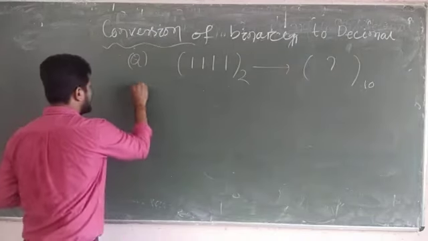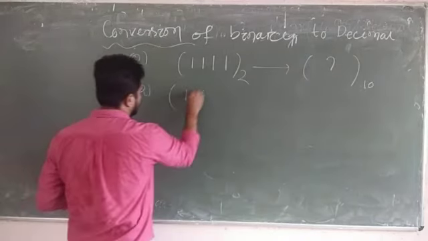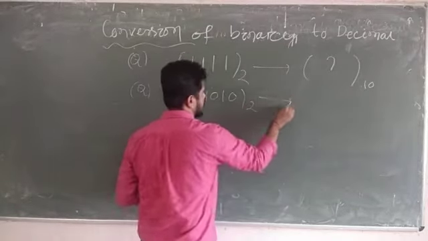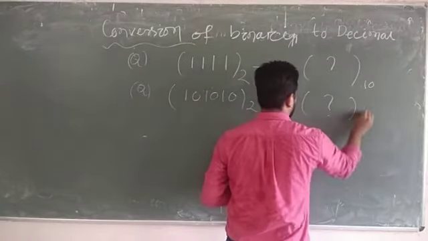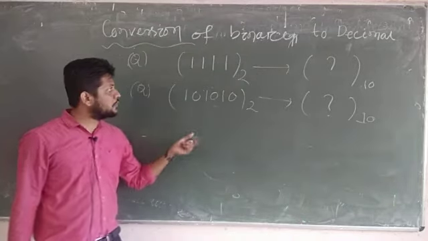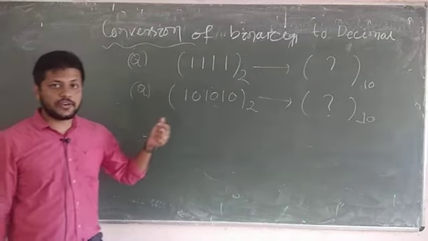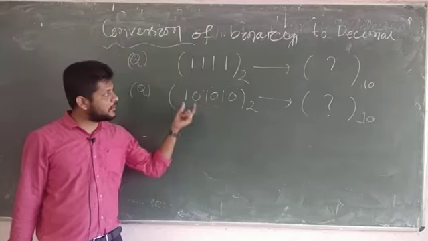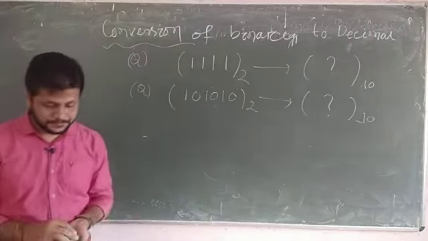And the second question is 1 0 1 0 1 0. Just convert it into decimal. So these are the two questions. You try at your home and get the result. The number given is a binary number, and you need to convert this binary number into decimal.